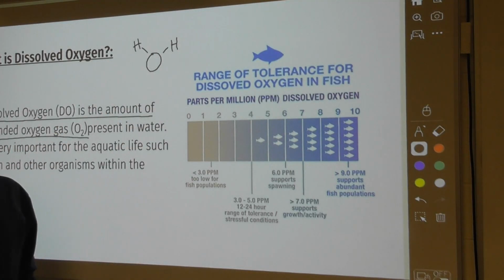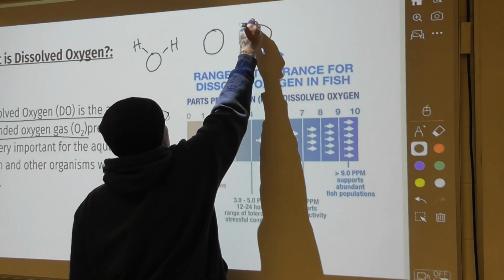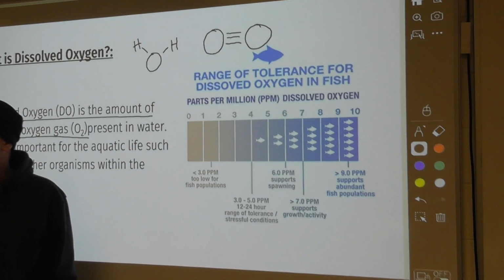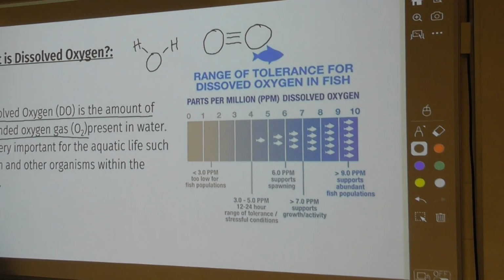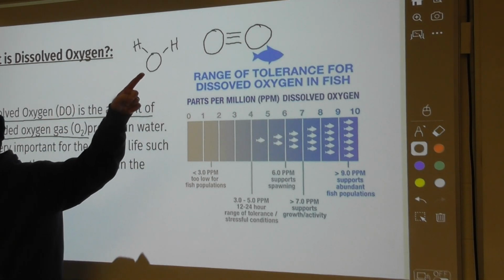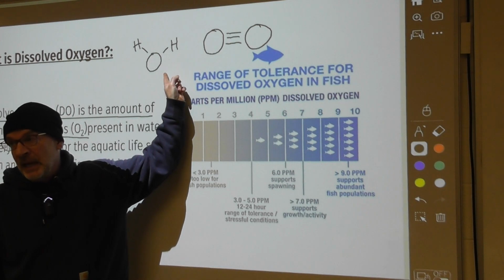Kind of looks like this. Oxygen gas has one oxygen atom attached to another oxygen atom. The chemistry isn't important, but we can think of these things as little pieces of stuff. And neither one of them is particularly big.